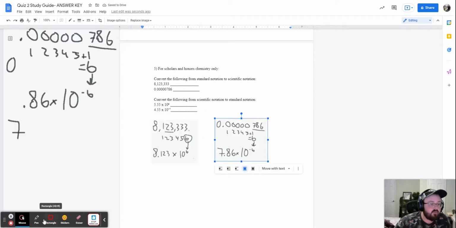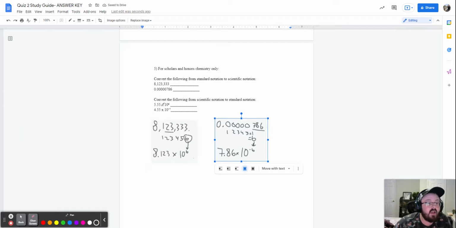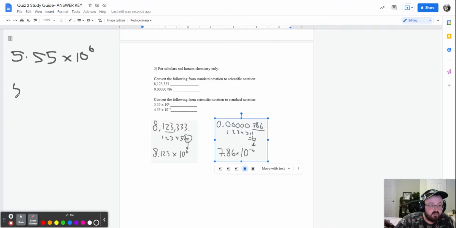All right, so going backwards, how do we do this? We have 5.55 times 10 to the 6th. Here's how we do this. Write out your numbers. Take away the decimal place. So we have 5, 5, 5. Now, after this first digit, I'm going to draw a little line here.